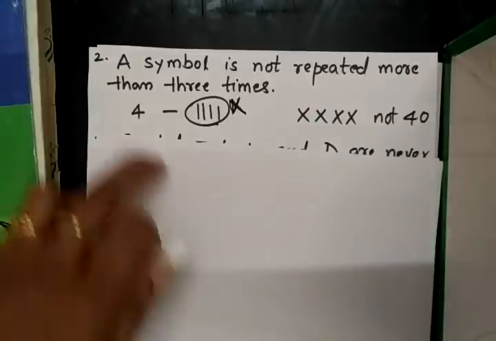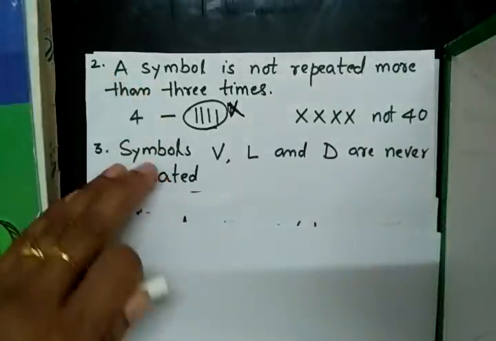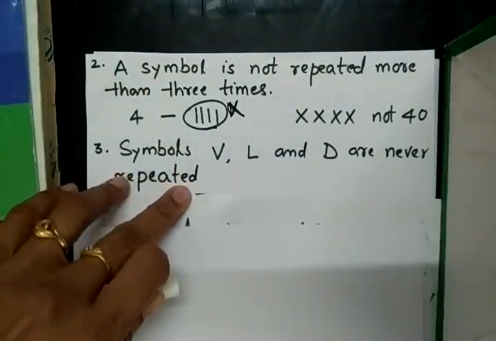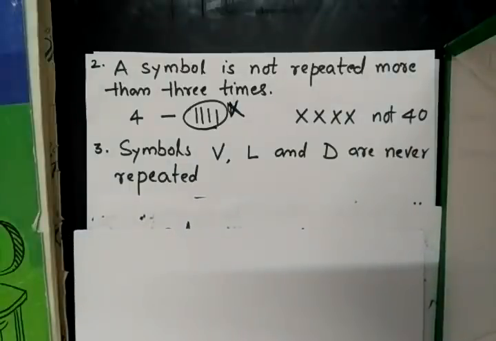Now, the third rule says symbols like V, L and D are never repeated. Yes, we told that a symbol can be repeated, but not all symbols can repeat. Which symbols cannot repeat? V, L, D are never repeated.